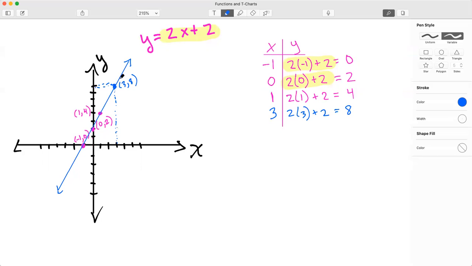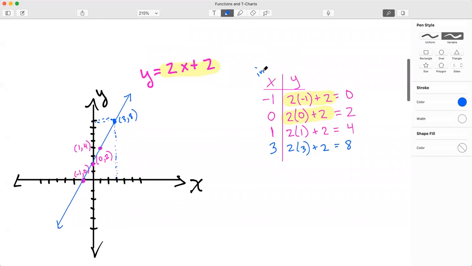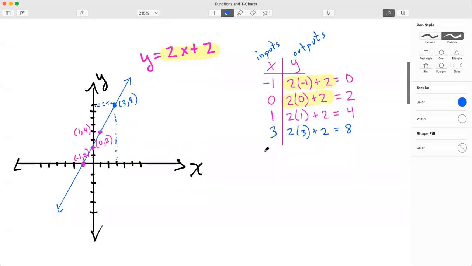So any point on this line represents an input with its corresponding output, and you can write all those inputs and outputs in a table. The inputs are here, the outputs are here. The x is the input, the y is the output.